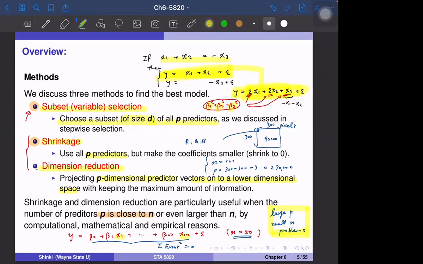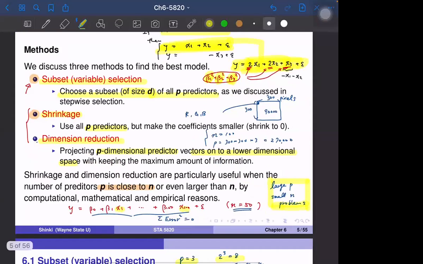But that is sometimes a problem, especially if x1 to xp have some measurement error. Measurement error will be exaggerated if coefficients are larger. So we have some motivation to make the coefficients smaller, and ridge regression is used for that.